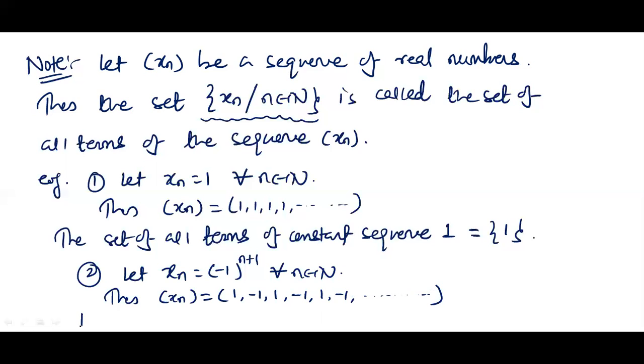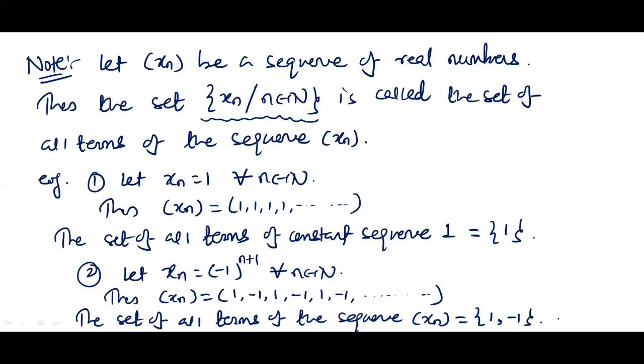And here the set of all terms of the sequence xn contains two elements which are 1 and -1.